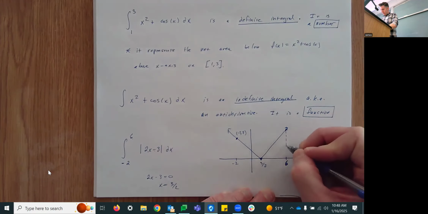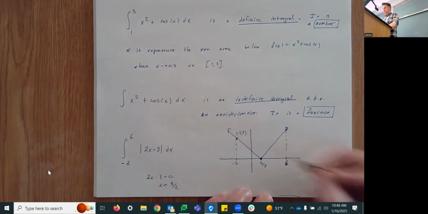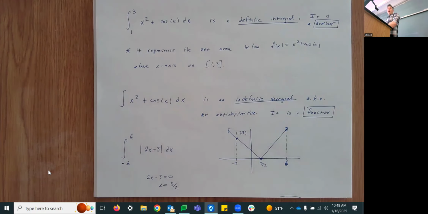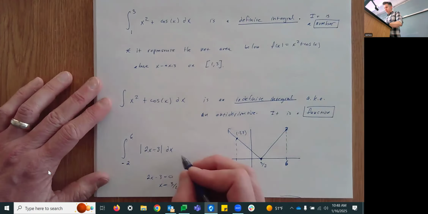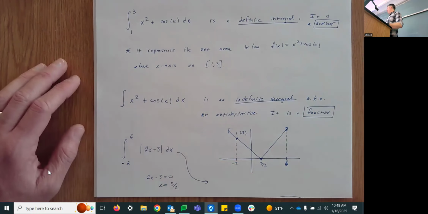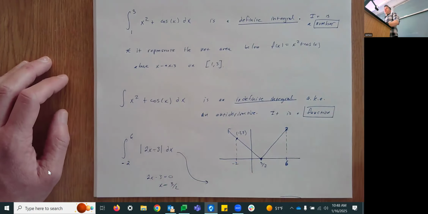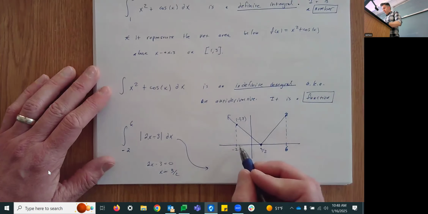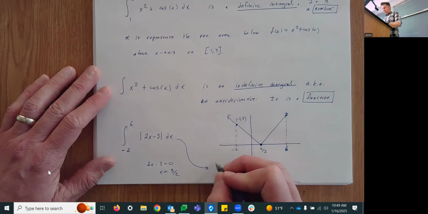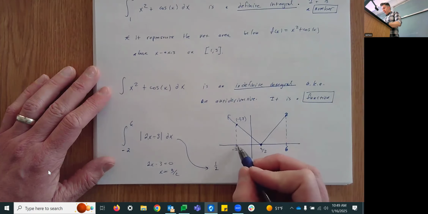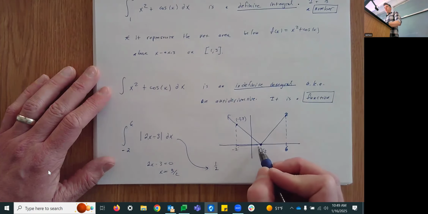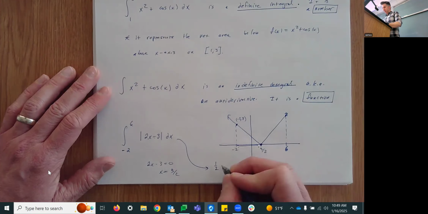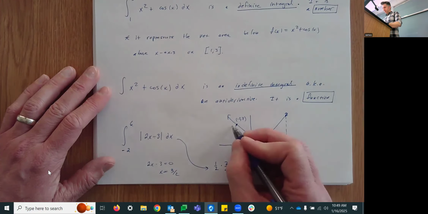And look at my shapes here. I essentially have two triangles, and I can find the area of a triangle. So this integral, which is again the area under the curve that's above the x-axis, is going to be the area of this triangle, which is 1/2 the base, which is 2 plus 3/2, or 7/2, times the height, which is 7.